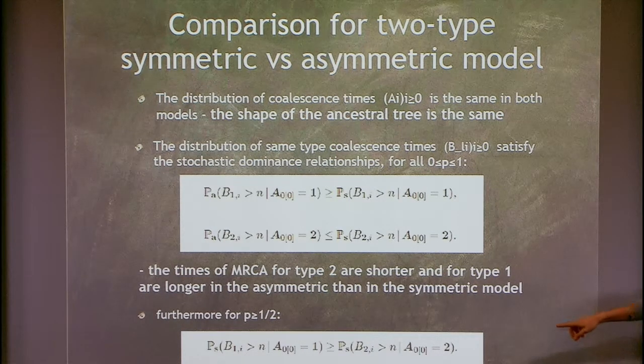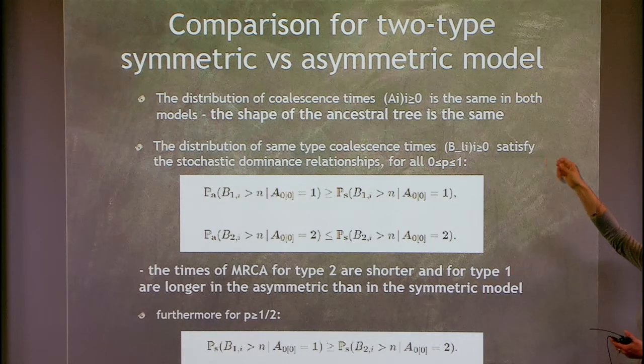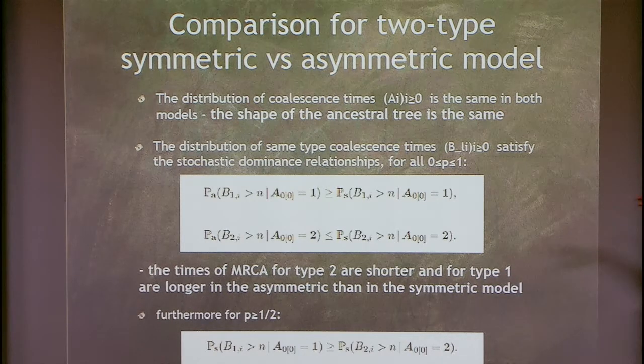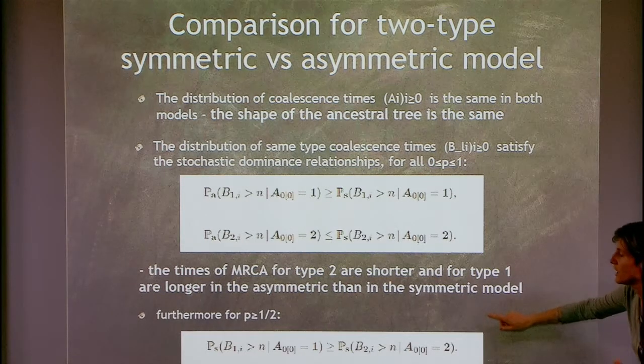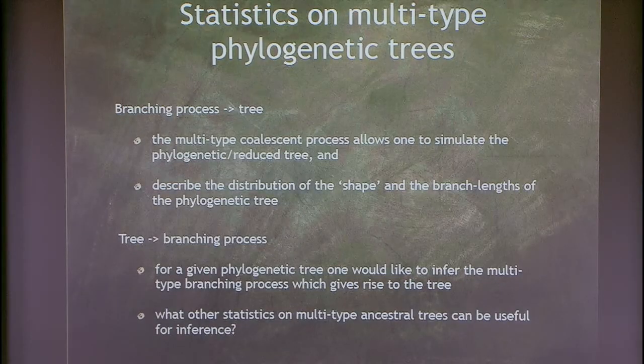And of course, if you just look at the symmetric distribution and the chance of switching to the other type is bigger than 1/2, then again you can show that the depth where the 1s connect is going to be greater than where the 2s connect, because you have a higher chance of switching. So here is also if you have more of type 1s. Okay, so you can do all sorts of things like this.